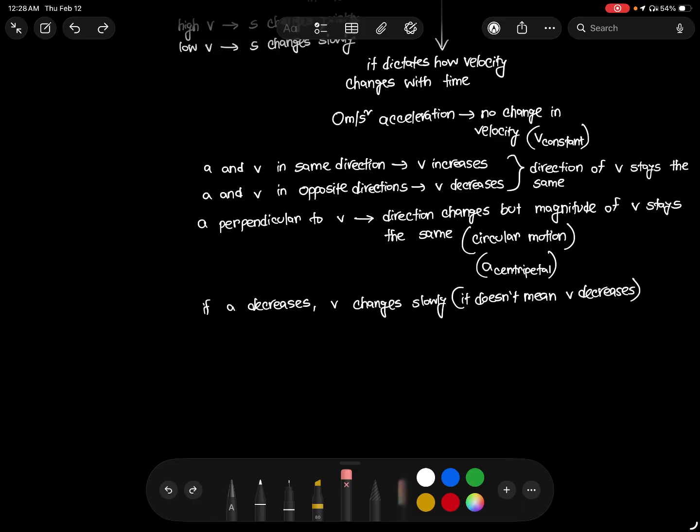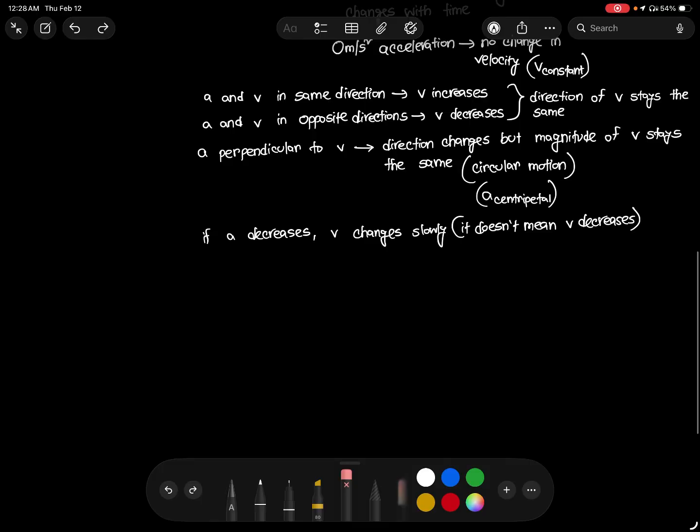And if acceleration decreases, this doesn't mean velocity decreases. If acceleration decreases, this only affects the rate at which the velocity changes. So if acceleration decreases, the magnitude of velocity will change, but at a slower rate.